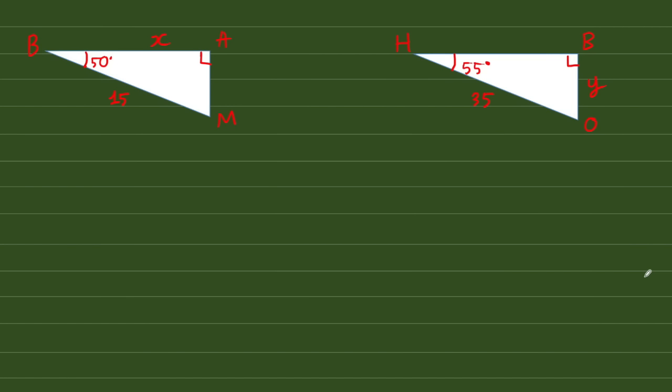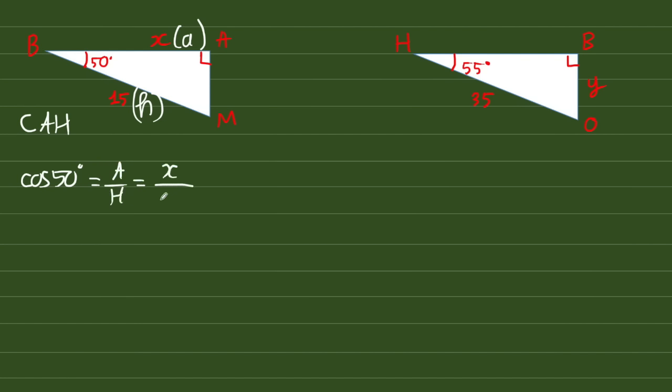Okay, and for this one you have adjacent, you have hypotenuse, you have A, you have H, and of course you will use cosine. Cosine 50 degrees equals A over H. A is h, and H is 15. This is over 1.